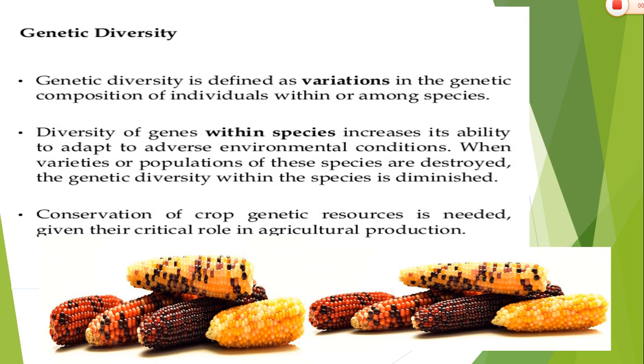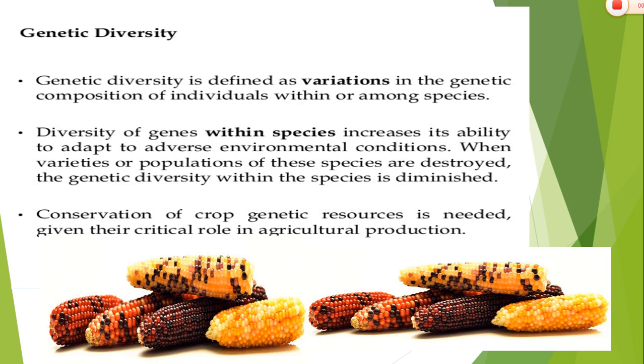Genetic diversity is defined as variation in the genetic composition of individuals within or among species. Diversity of genes within a species increases its ability to adapt to adverse environmental conditions.